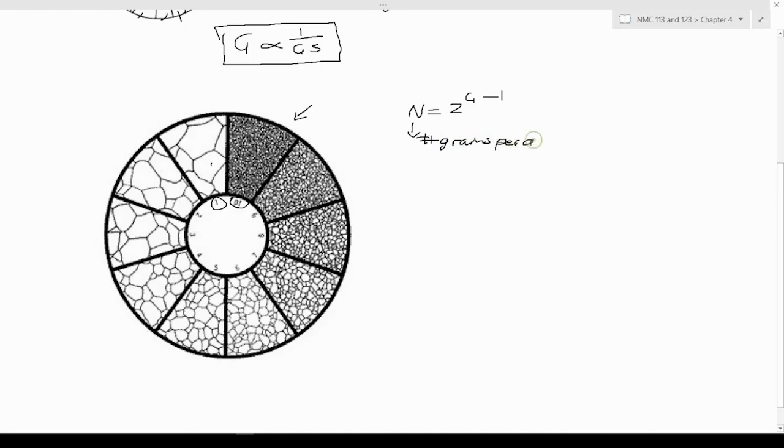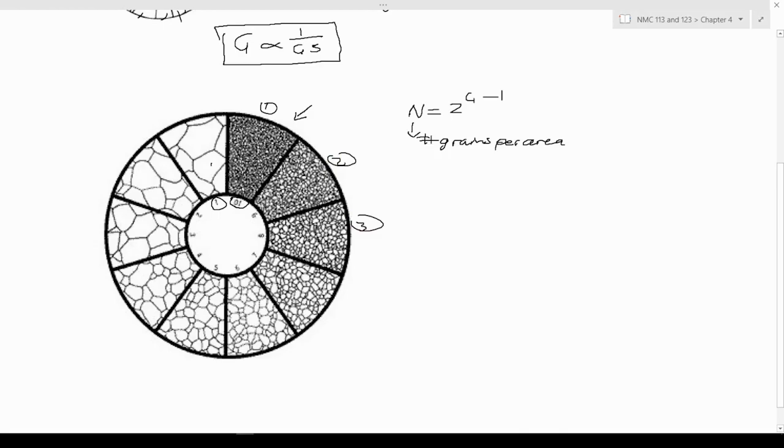per area. Let's assume that all the areas here for these specific grains, let's call this one area number 1, this is area 2, this is area 3.